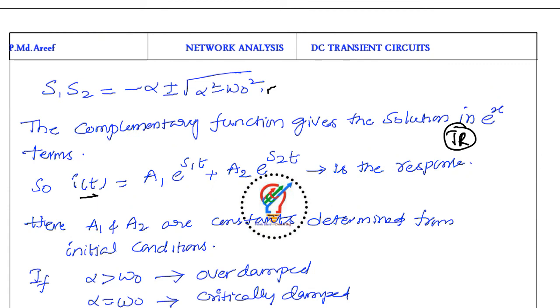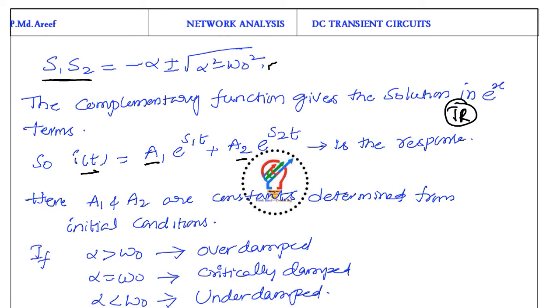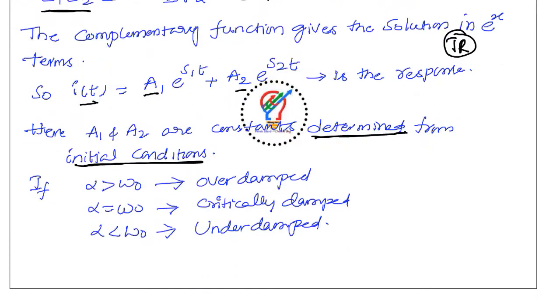So s1, s2 we already got here. a1 and a2 are the integration constants, which are to be determined. We can find the integration constants from the initial conditions. The response of this series source-free circuit can be defined in three different conditions.